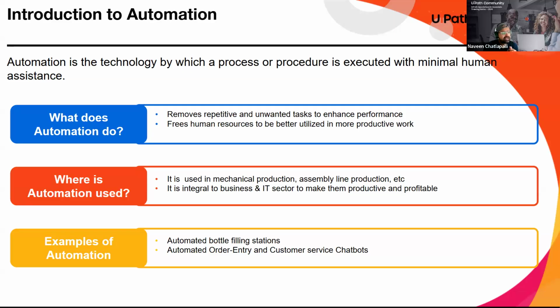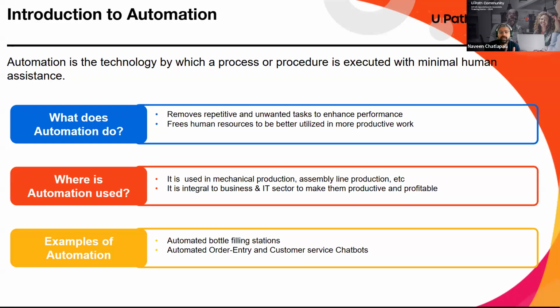It is also integral to the business and IT sector, to make the workforce more effective and more productive and make the resources more profitable. If you save time, right?